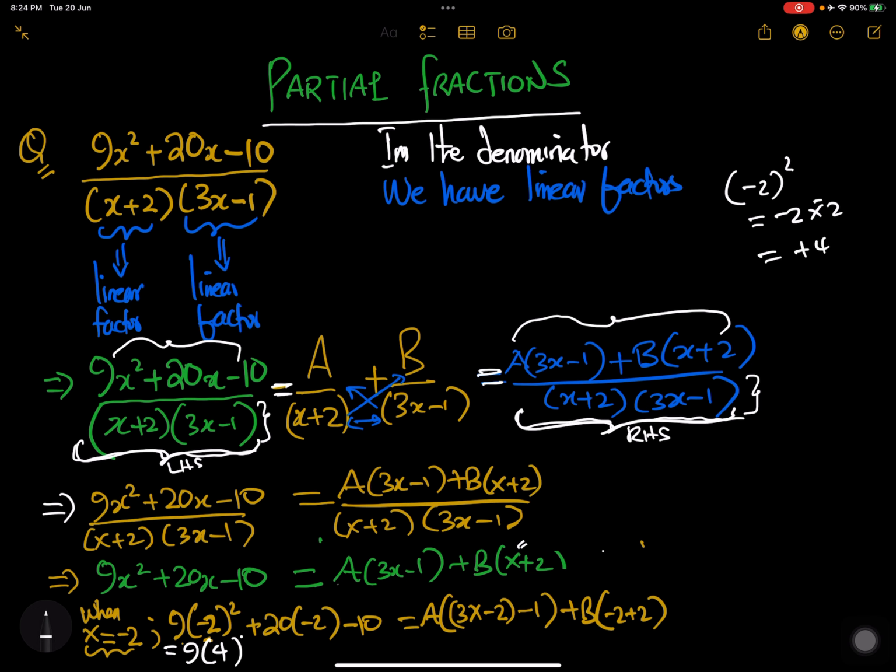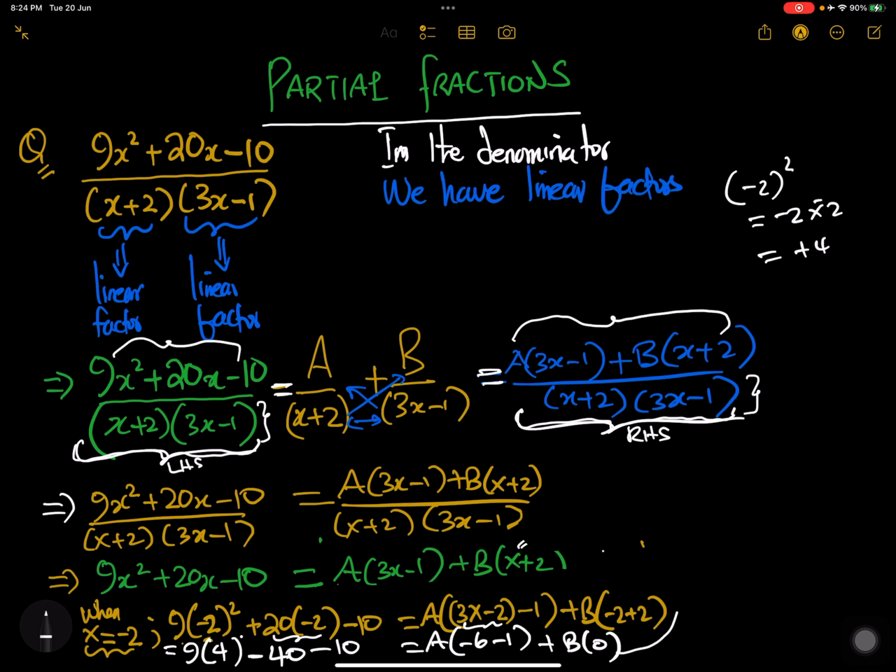So we have that, and the 20 times -2 is going to give us minus 40. And then we add our minus 10, equals a into 3 times -2, which is -6, -1, plus b into 0.